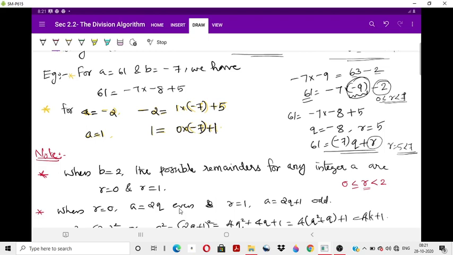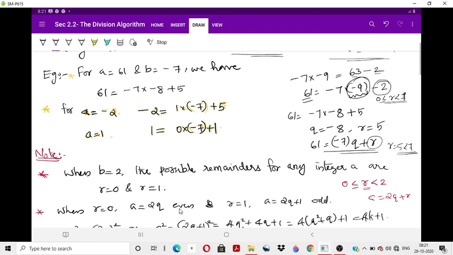So we can write a in general as 2q plus r, where r is either 0 or 1. Any integer when divided by 2 has two possibilities for the remainder, so the integer itself can be written as either 2q or 2q plus 1.